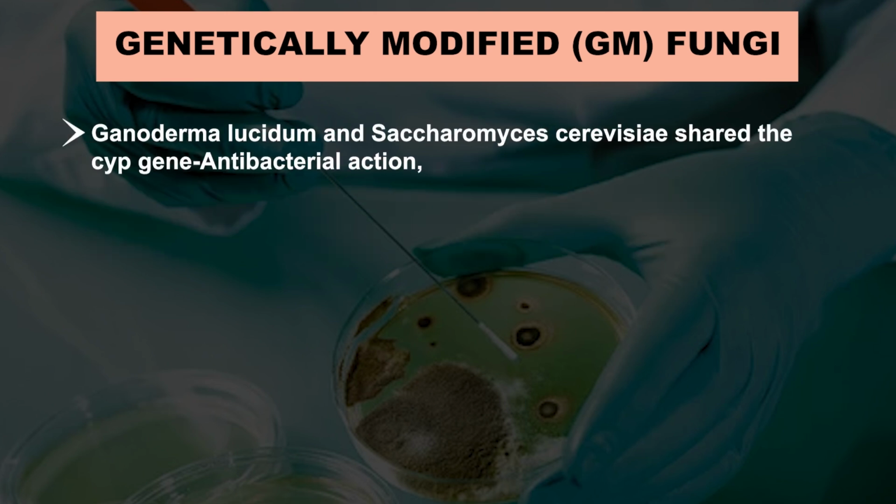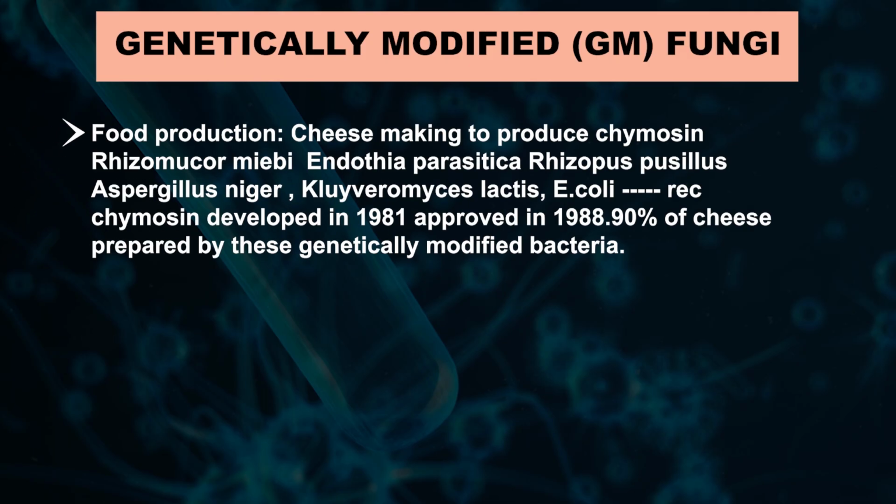Ganoderma lucidum and Saccharomyces cerevisiae share the CRIP gene. This enabled synthesis of novel ganoderic acid with antibacterial action, a 3,28-dihydroxy lanosta-8,24-diene-26-oic acid derivative, increased by 8%.